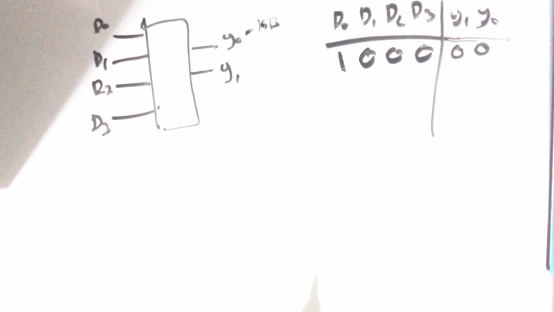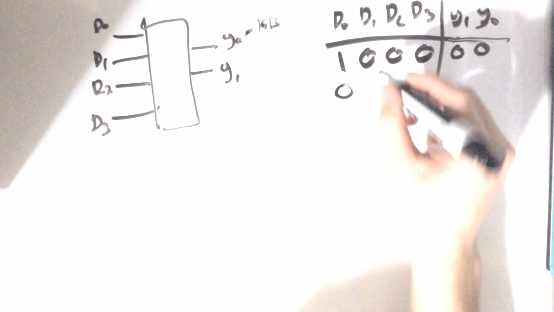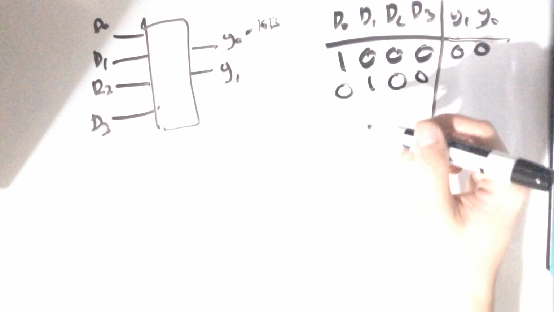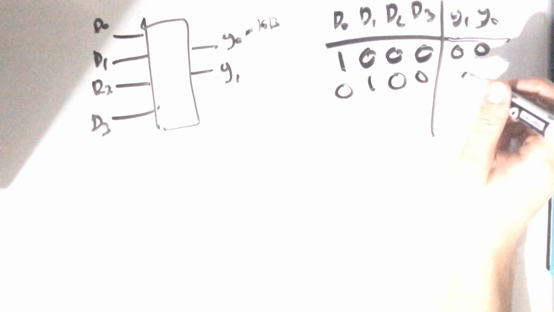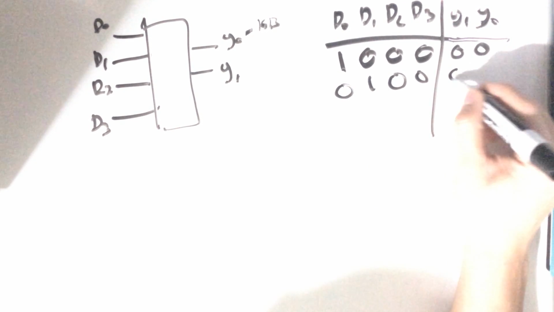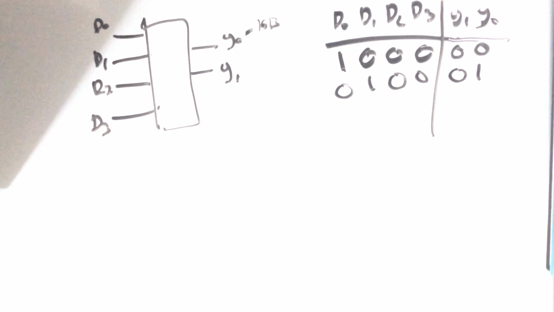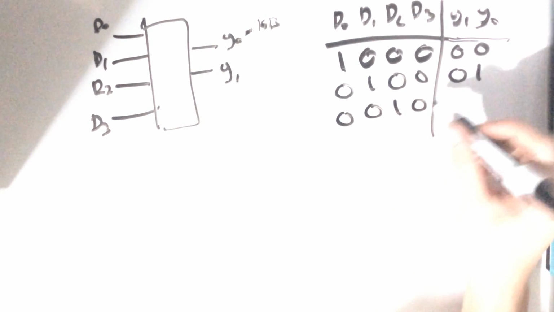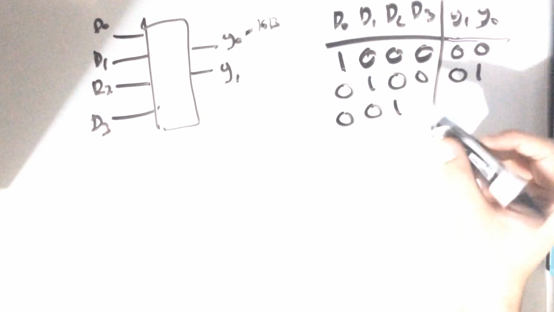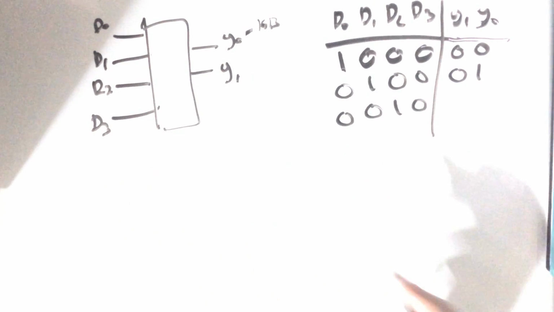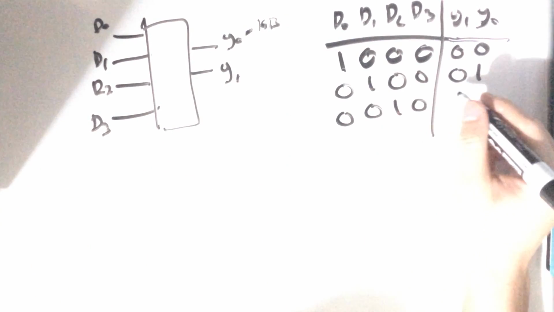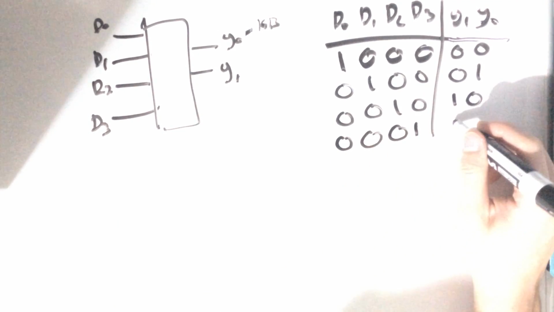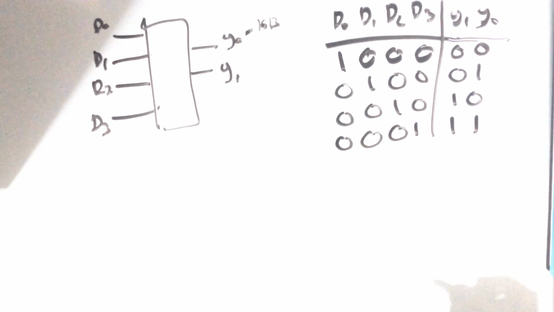Now we're on to D1, which is the decimal representation of 1. What is 1 going to look like in binary? It's going to look like this: 0, 1. Hopefully you guys are understanding this now. If D2 is set, it has the decimal value of 2, and that's going to look like this. Lastly we have D3, and this is the binary representation for 3.